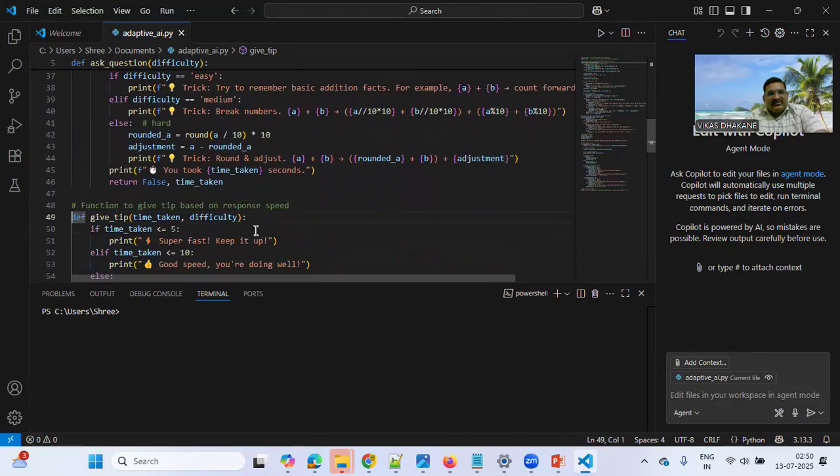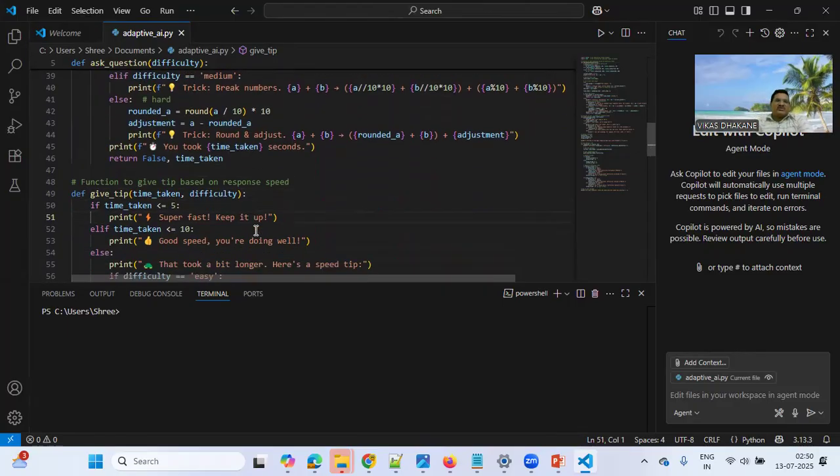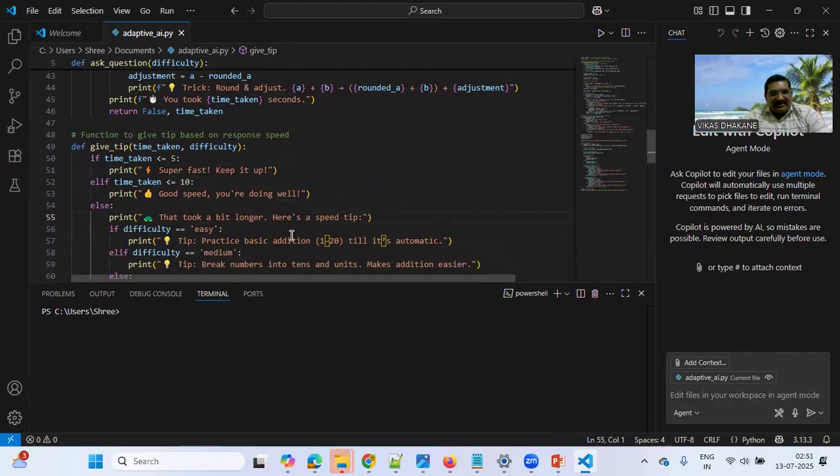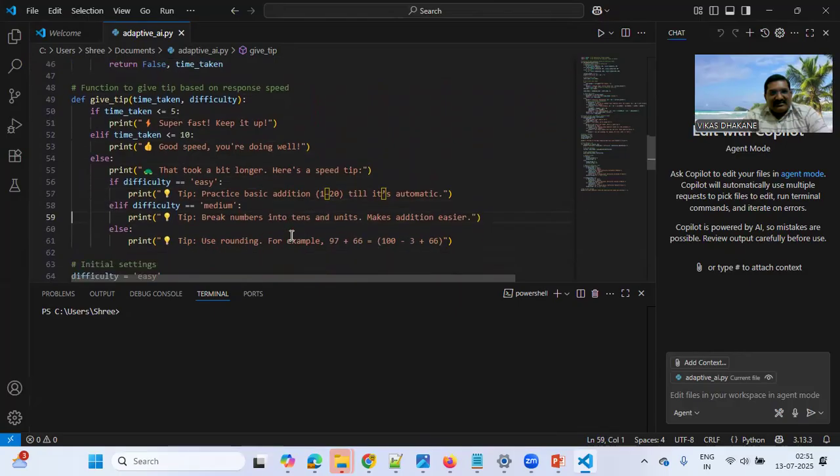Next, we have used a function to give a response to the learner. If the learner solves the question within a time, then messages like super fast, keep it up, good speed can be shown to the learner. We have written the Python function for this.